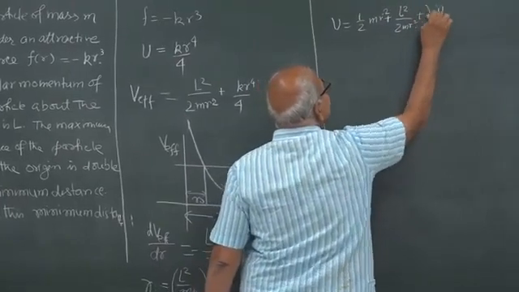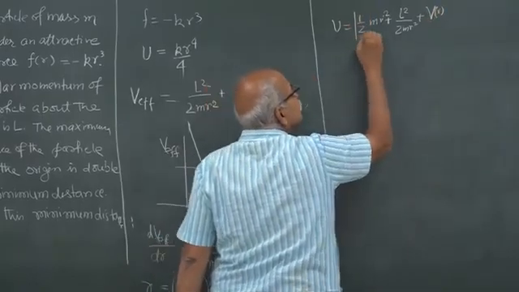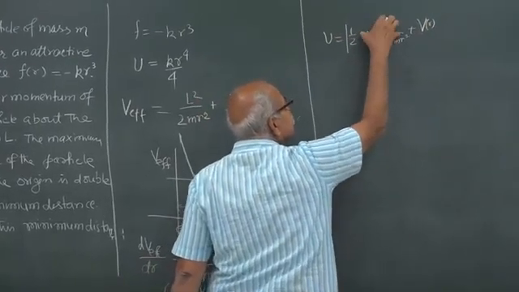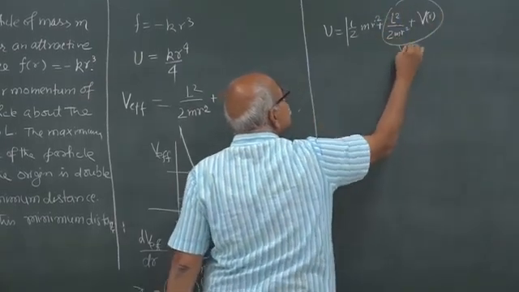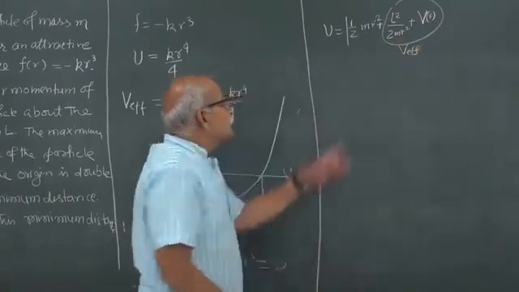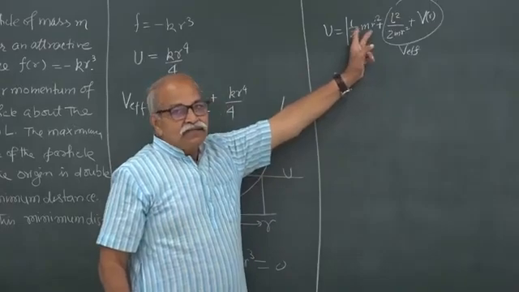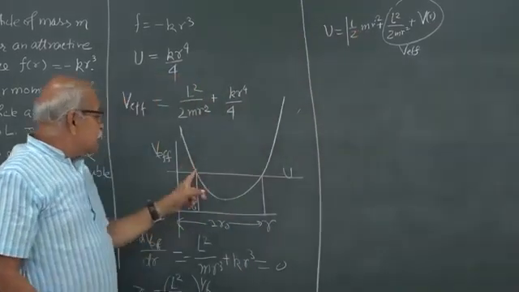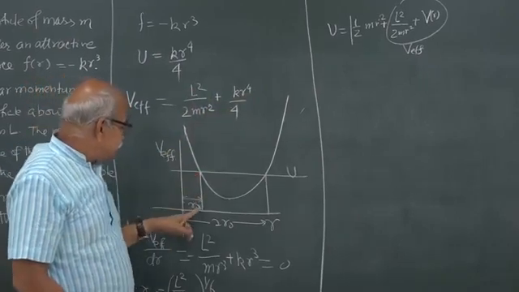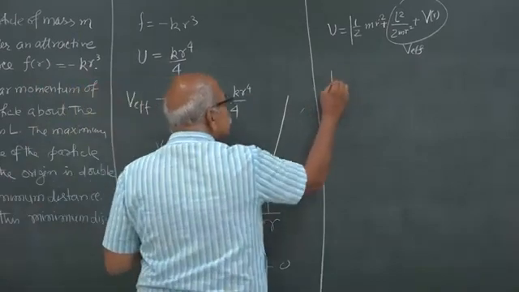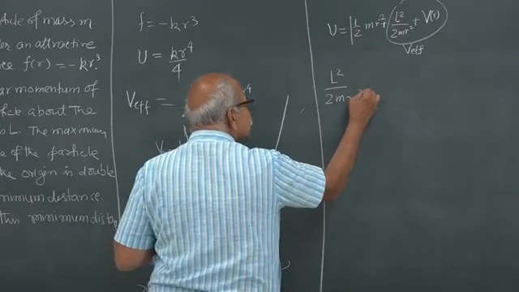So, this is the kinetic energy and this is the potential energy, but then we combine these two and write this as V effective. So, the total energy is the effective potential energy plus half m r dot square. Here r dot is 0 and the energy is the same as V effective. That means V effective at r naught is L square by 2 m r naught square.